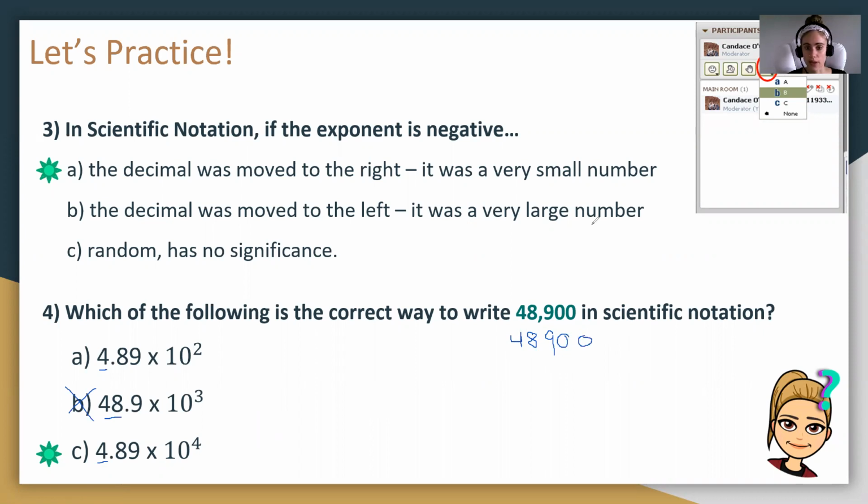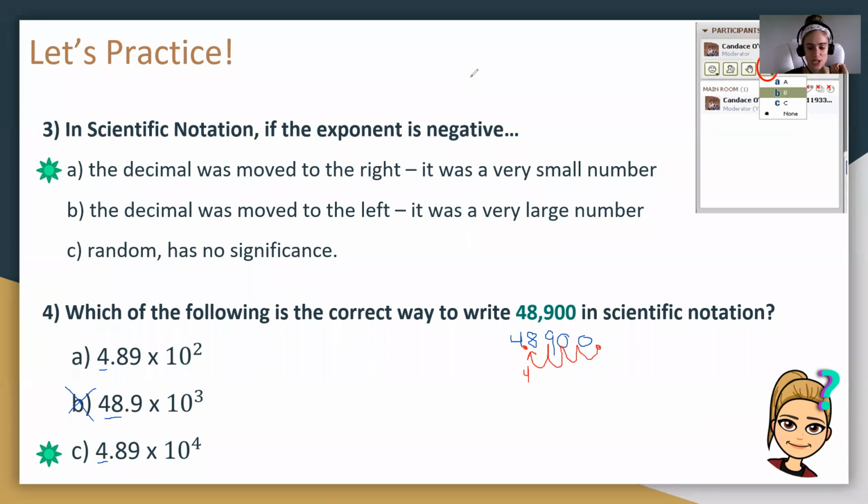The other thing we need to remember is that when we don't see any decimal point, there really is a decimal point at the very end of the number. If nothing follows it, we don't need to write it. So in order to move it to where we want to go, we go 1, 2, 3, 4 times. And since I moved it to the left and it started off as a really large number, it is a positive 4.